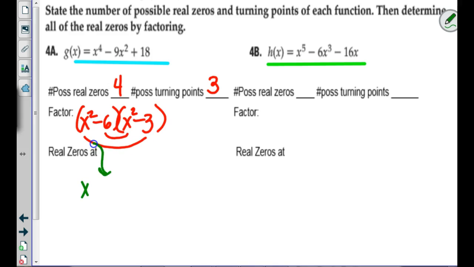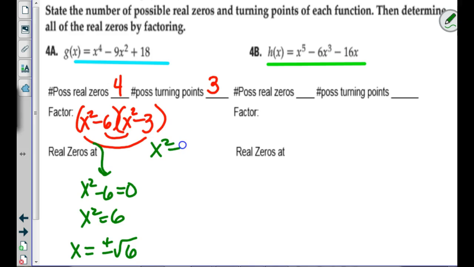If I set this equal to 0, I get x squared equals 6, which means x equals what? Yeah, remember the plus or minus, okay? And this one? So we didn't have any imaginary ones, right?